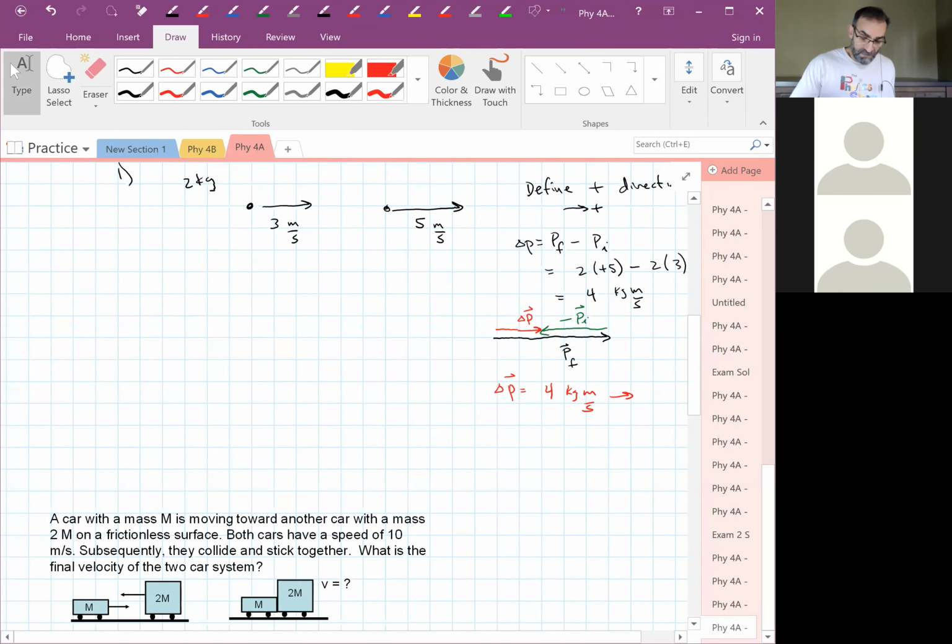We'll do another one. Two kilograms, moving at 3 meters per second. And then it comes to rest.